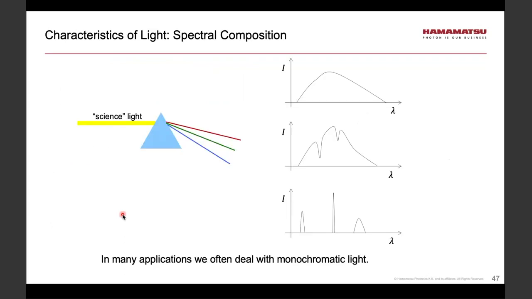So again, every light has certain spectral composition. It could be blackbody emission, or like shown here, where you have distinct wavelength components in the light. Very often, a given application will deal with nearly monochromatic light.